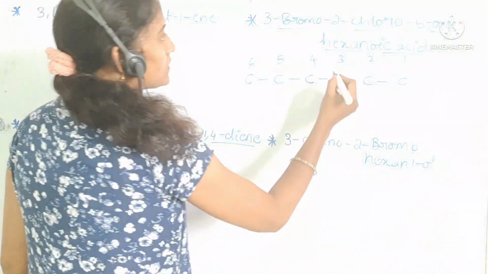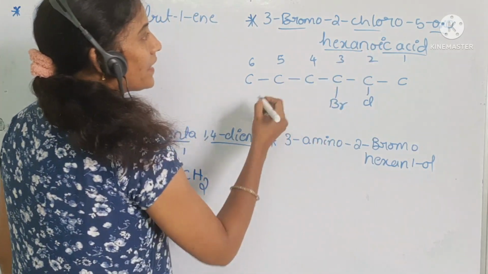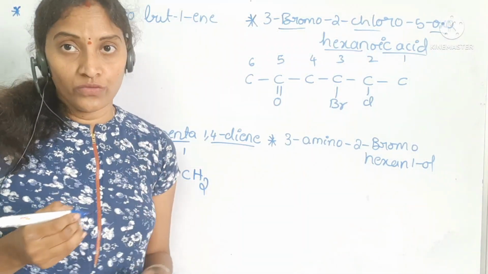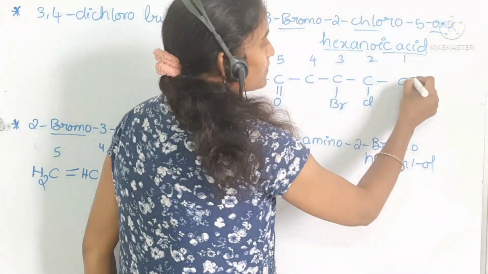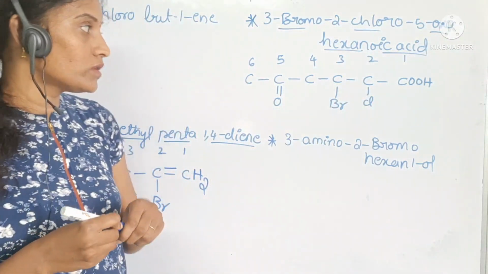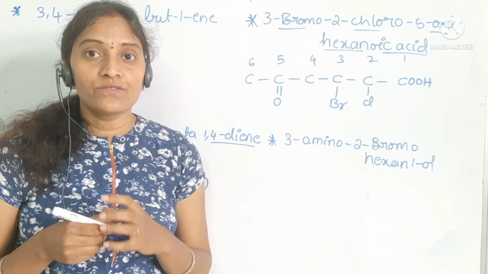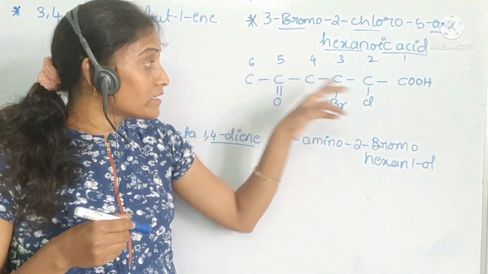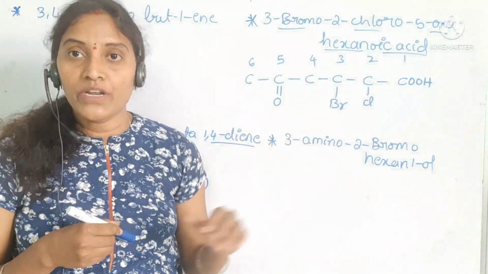Okay, here at second place 1 chlorine atom, at third place 1 bromine atom, and at fifth place 1 oxo group, which is nothing but a keto functional group, C double bond O. Oic acid is the carboxylic acid functional group, COOH. You have to attach it at first place, because it is the carbon atom of the carboxylic acid functional group. You have to place it in the main principal carbon chain, because this is the chain terminating functional group.